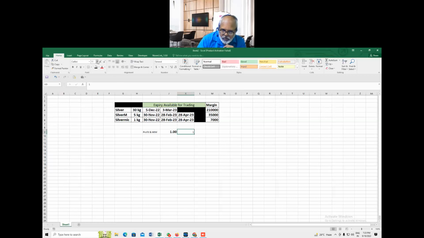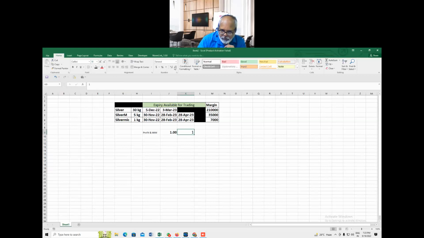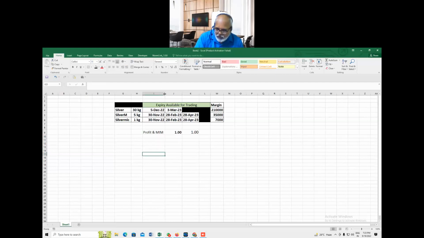So if the market moves by, say, 2,500 points, then you would get 2,500 rupees. Similarly, if the market falls by 2,000 points, then your M2M is also 2,000 rupees. For every 1 rupee, you get 1 rupee profit or 1 rupee M2M.